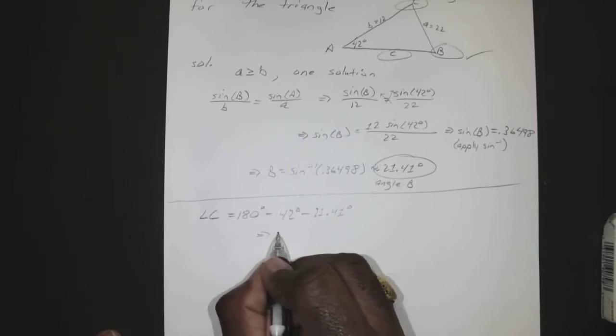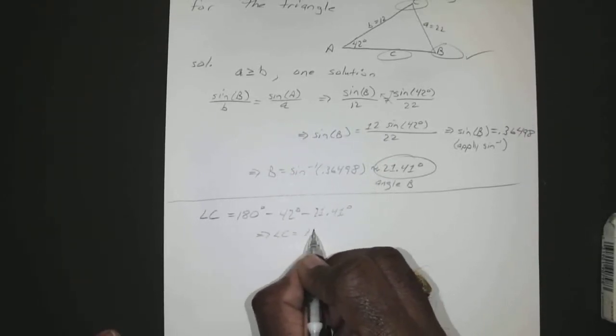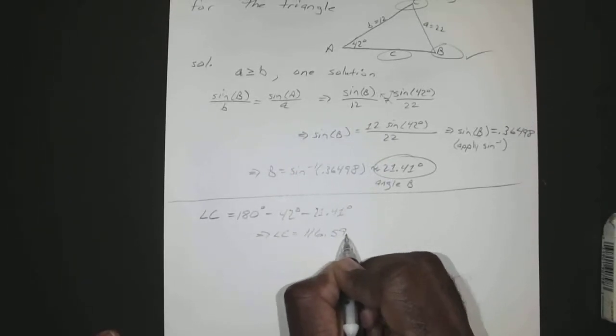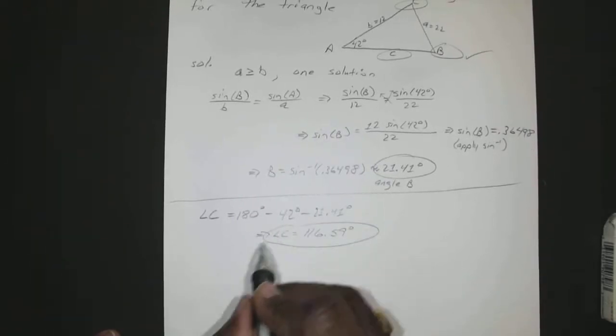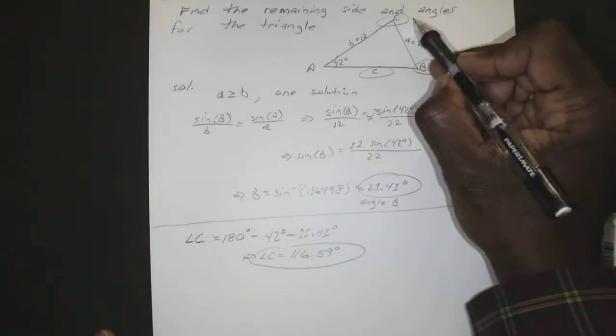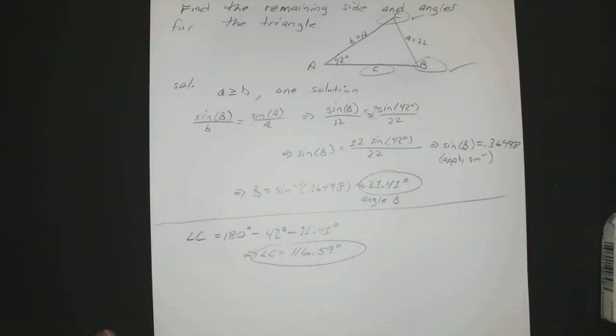Okay, so we know that angle C will equal 116.59 degrees. Whenever you know two of the angles, you can always find the third one. So angle C is all done.